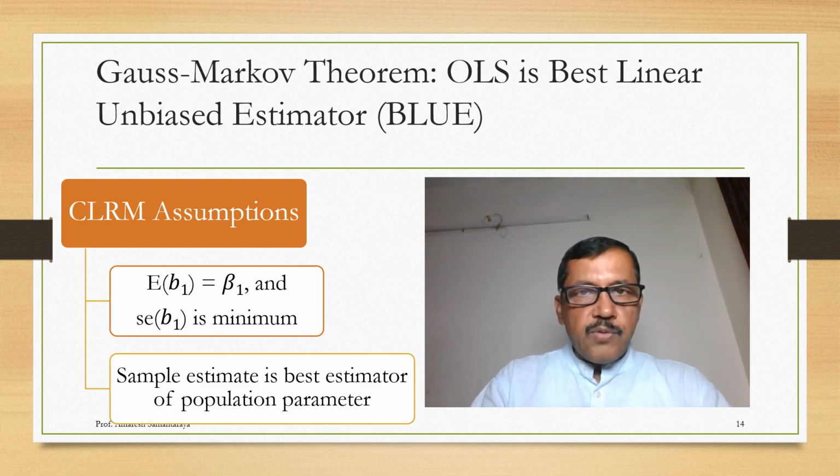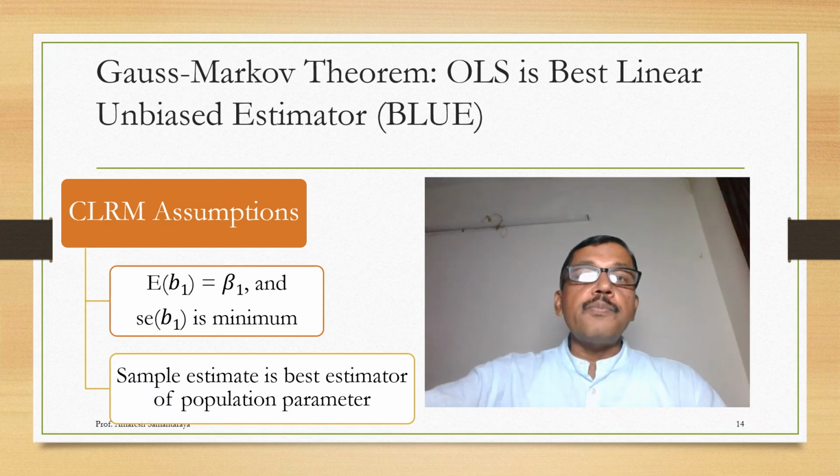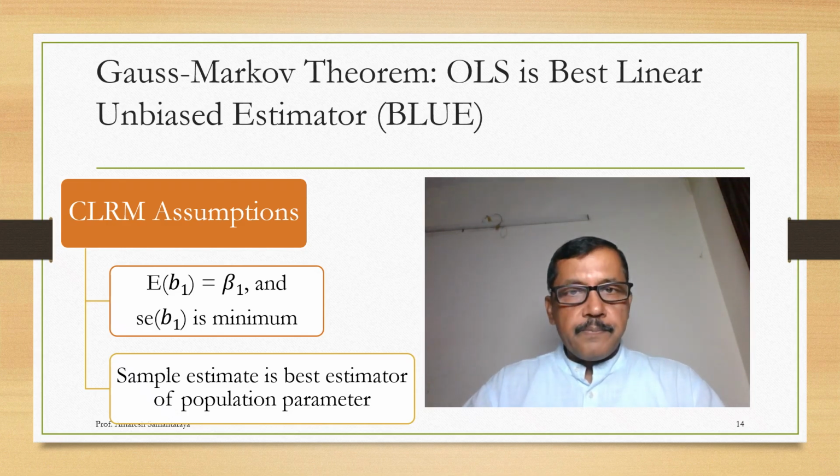B11 may be the estimate you got from the first sample, B12 the estimate for the second sample, like B1n for the nth sample. If there is a probability distribution of these n sample estimates of beta 1, that average, E(B1), will be equal to beta 1, which is the population parameter.